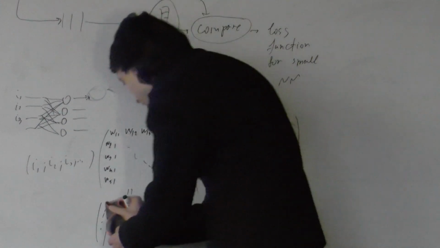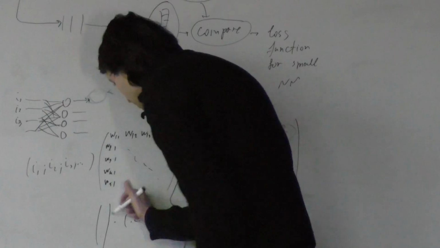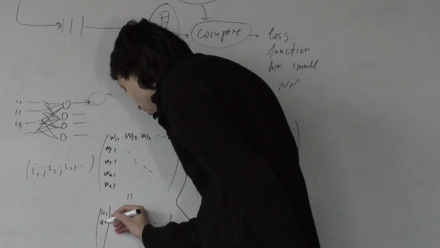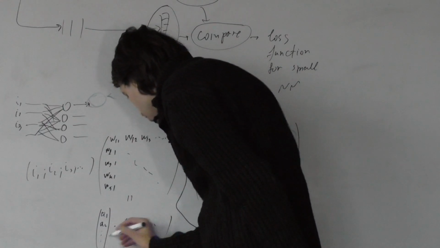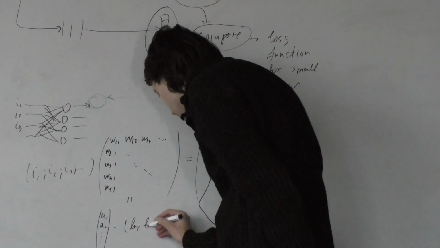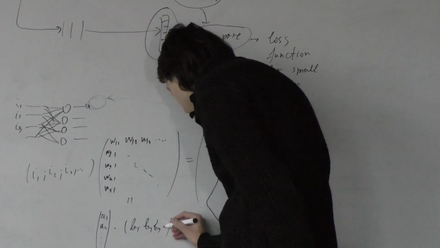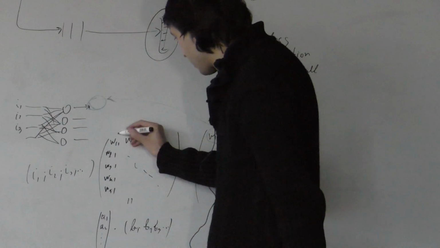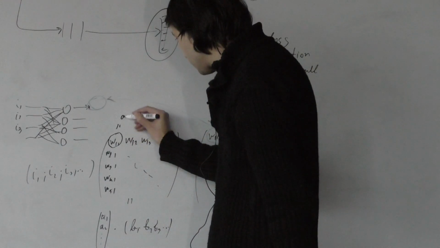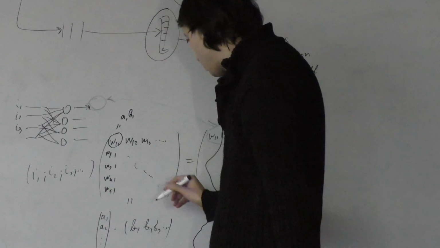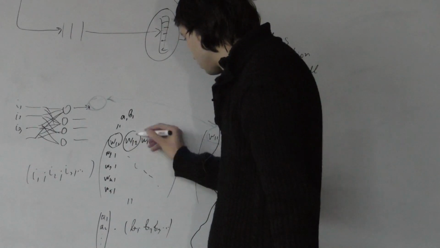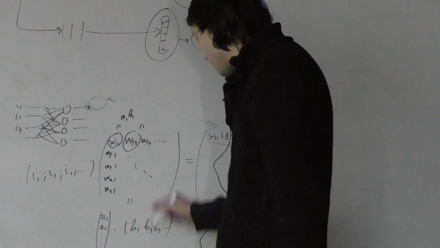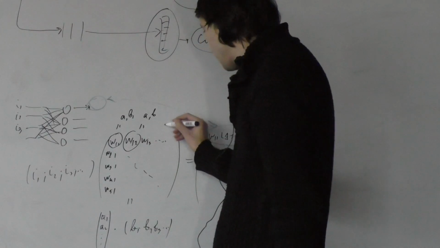Let's call them A1, A2, and so on. Here will be B1, B2, B3, and so on. So now each of these entries, this one, for example, that will be A1 times B1, this will be A1 times B2, and so on.